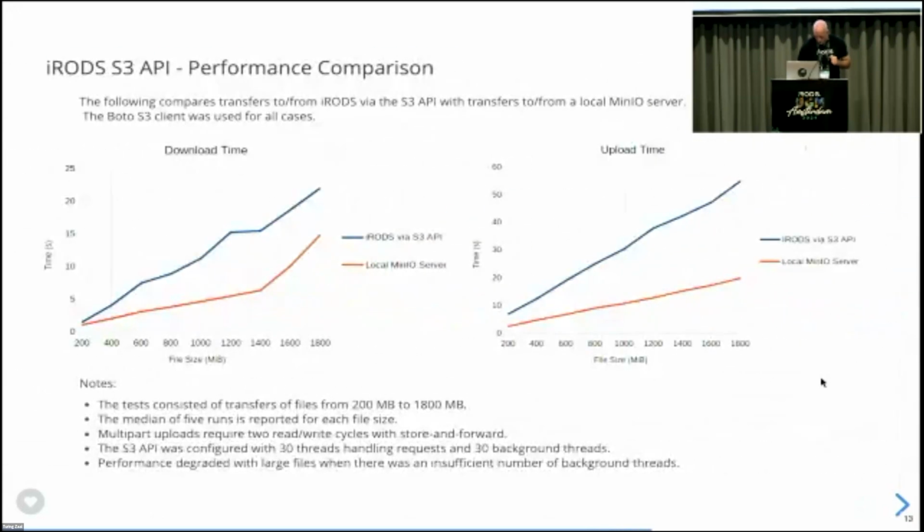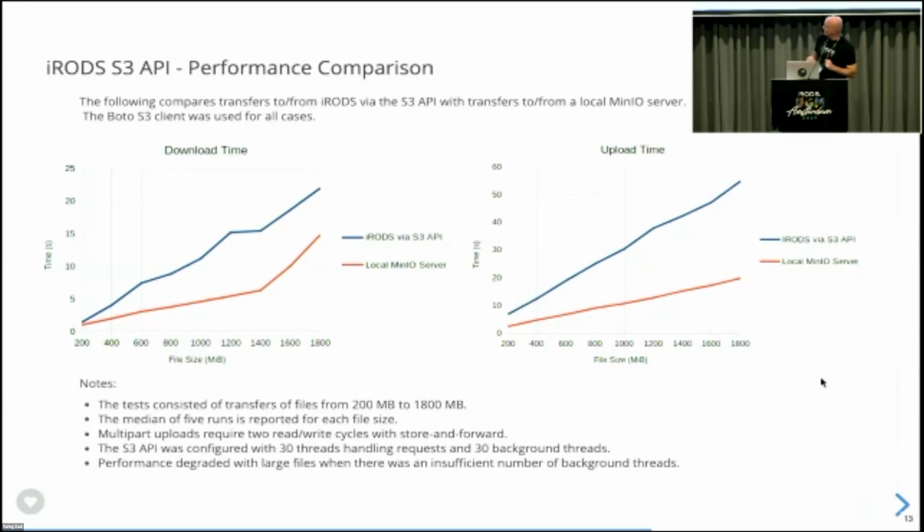Okay, performance. This is the performance for large files. The upload time would be with multipart, and download time is just multiple threads seeking and reading. The y-axis is the time, and the x-axis is the test for various file sizes from 200 megabytes to 1800 megabytes.